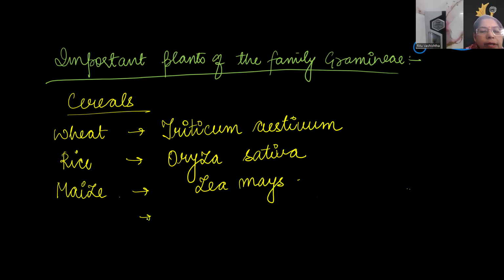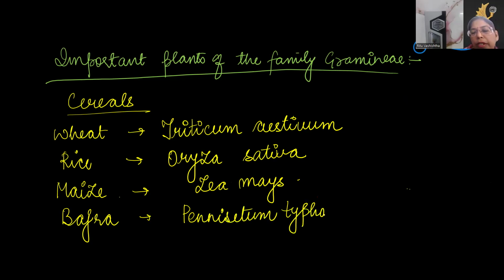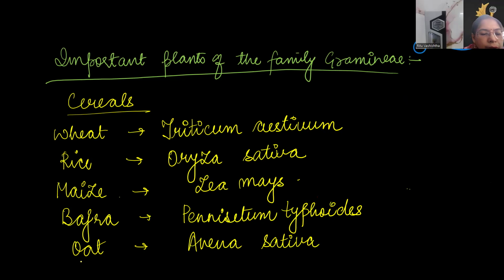Then you will find bajra. Its botanical name is Pennisetum typhoides. Then you will find oat. Its botanical name is Avena sativa. Rye. Its botanical name is Secale cereale.